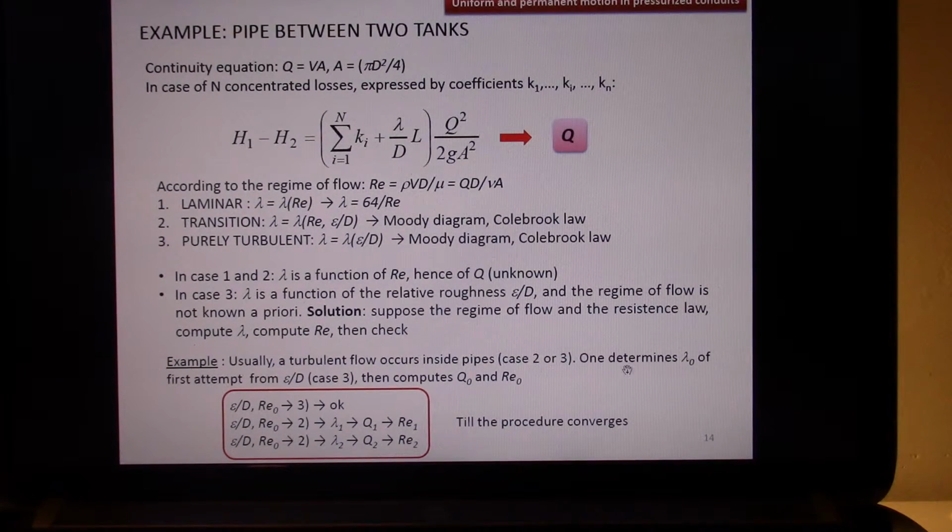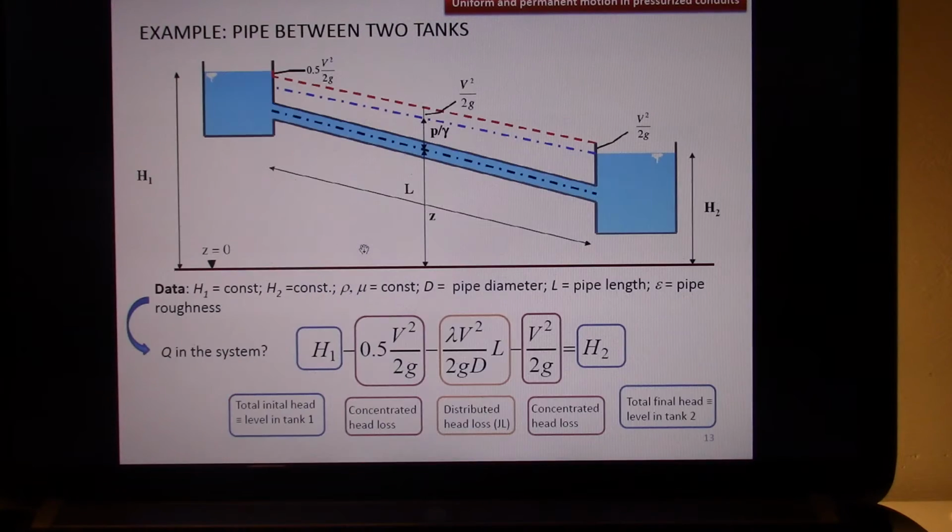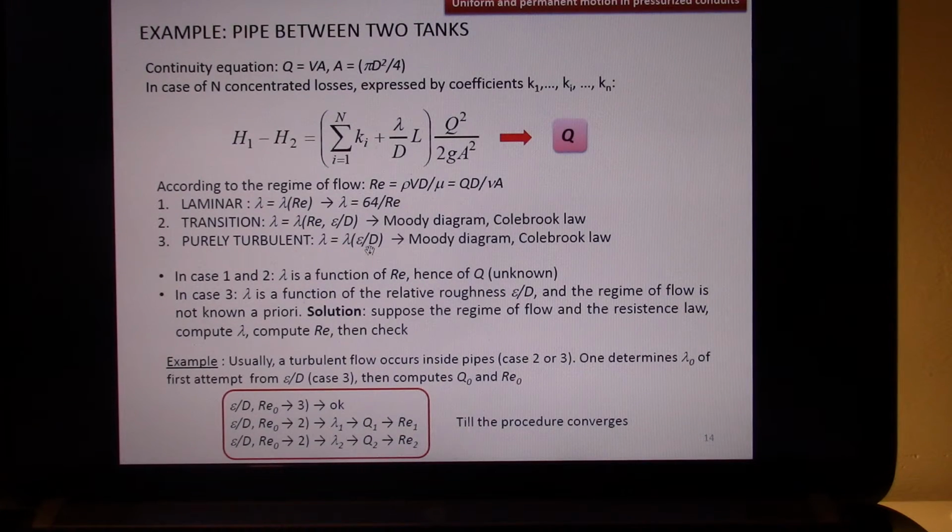Basically, I start to compute the first lambda 0, so I suppose, for example, that my flow is moving like a purely turbulent one, so I enter the Moody diagram with a certain value of lambda 0. Remember that to do this, I have to know exactly epsilon over d. So the first attempt will be to take my data, which are this one. I know epsilon, I know d, so I can compute epsilon over d.